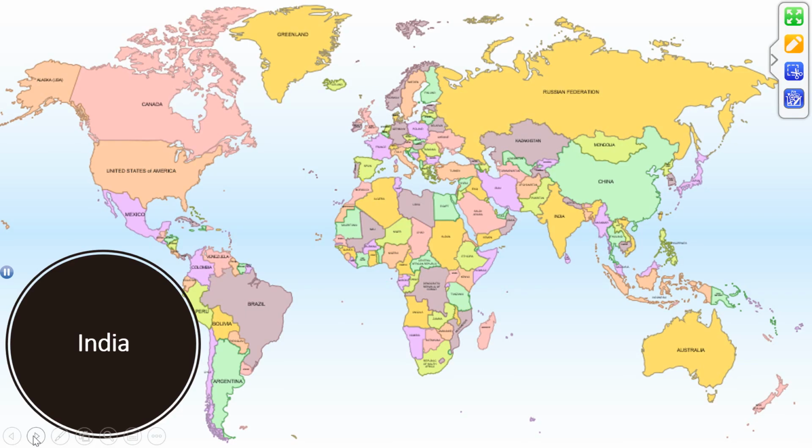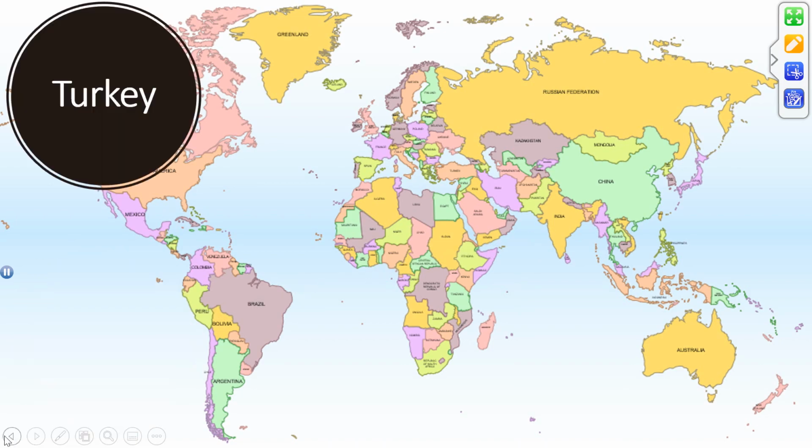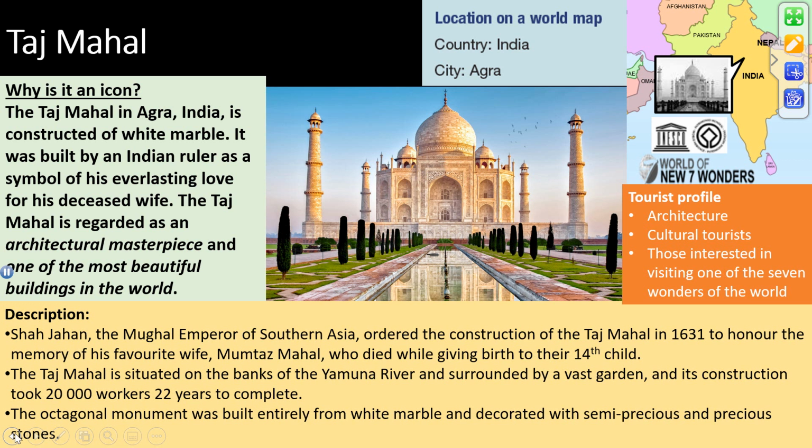Our next destination on our world travel trip for today's lesson is India, where we will be visiting the Taj Mahal. The Taj Mahal is located in the city of Agra in India. If you take a look on the map on the top right-hand side of your screen, you will see where Agra is located.